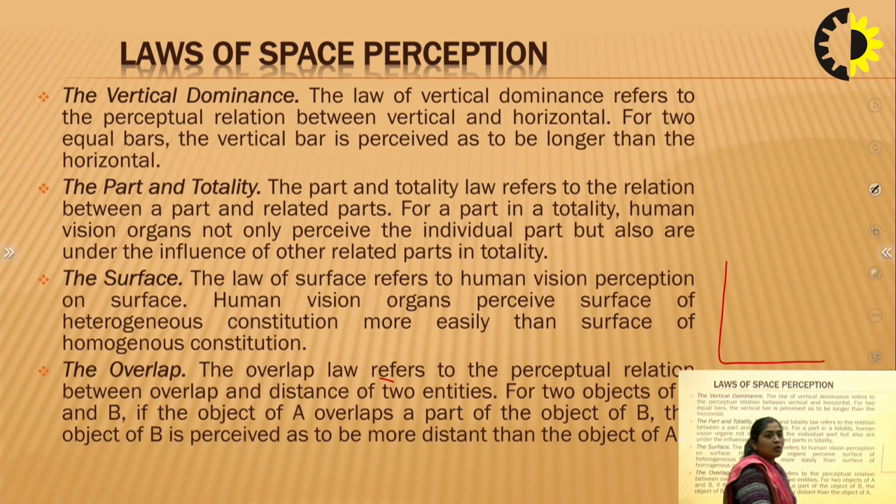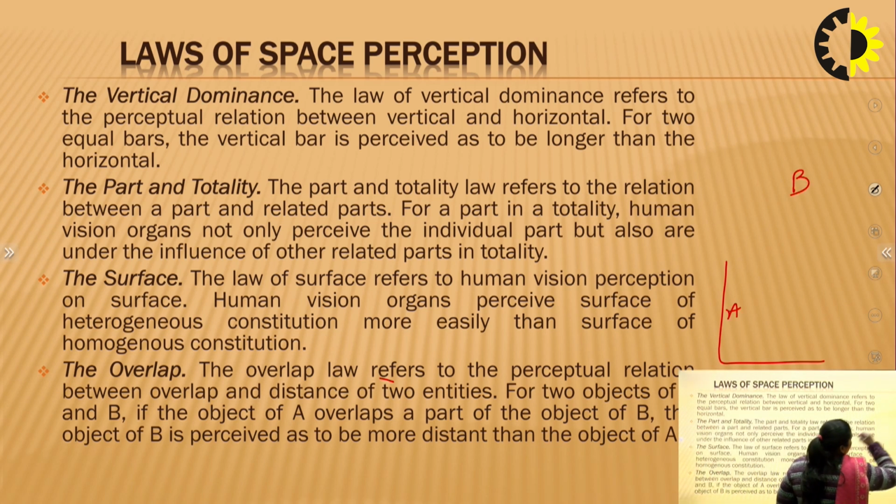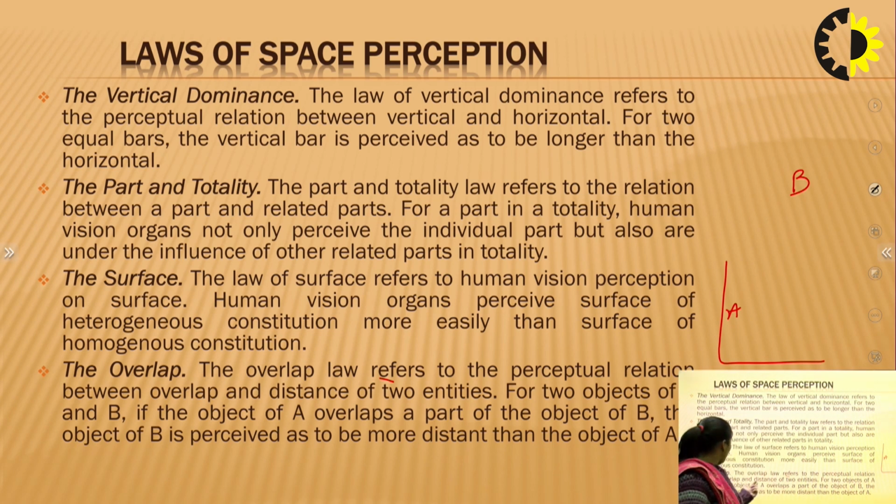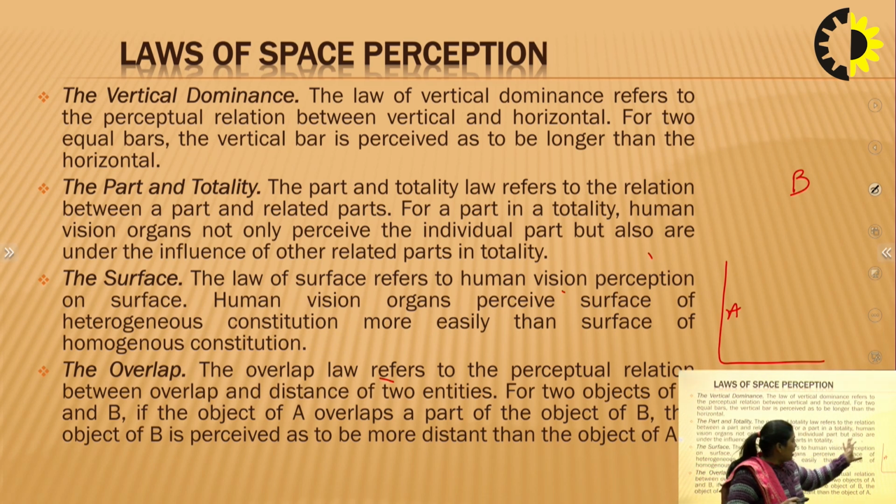For two objects A and B, if object A overlaps object B, object B is perceived to be more distant than object A. Basically, suppose this is an object A and another object is B. If A is over B, we can say B is more distant.